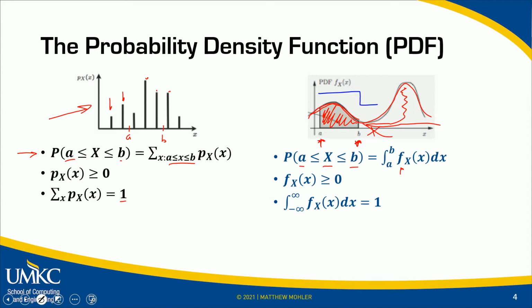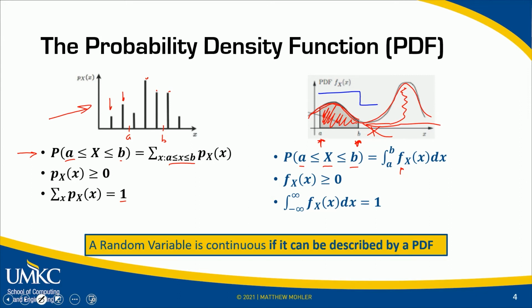Now, kind of a weird way to look at this, but one of the rules of continuous random variables is that random variables are continuous when they are described by a PDF. So if you can describe a random variable in terms of a probability density function where this integral works, you can say that that random variable is continuous.